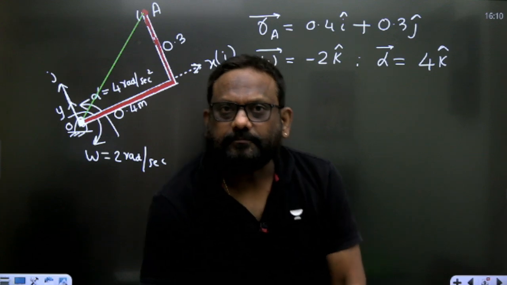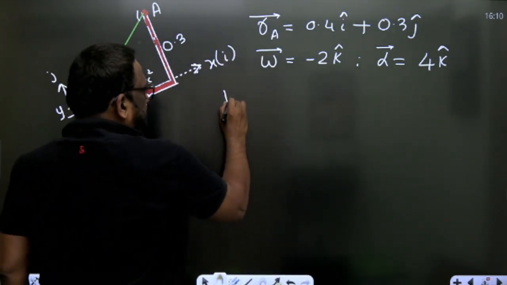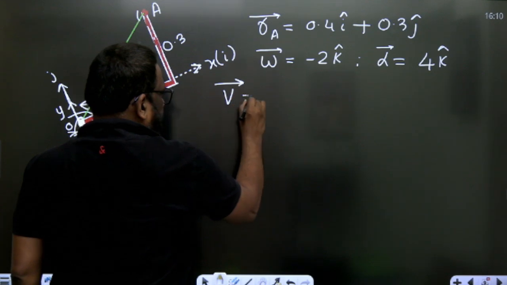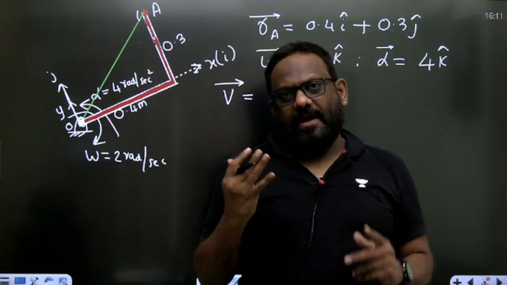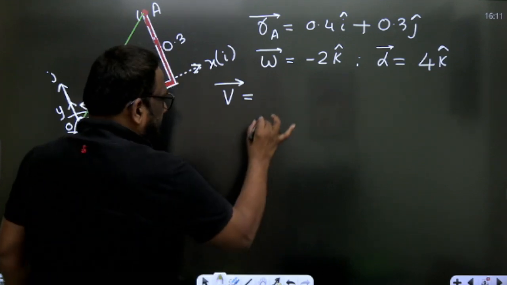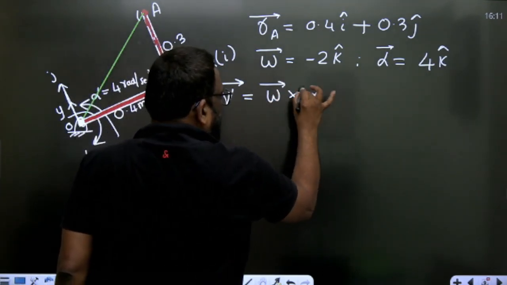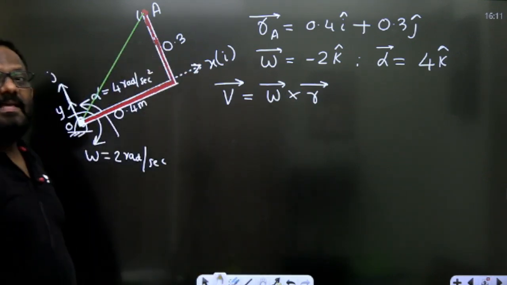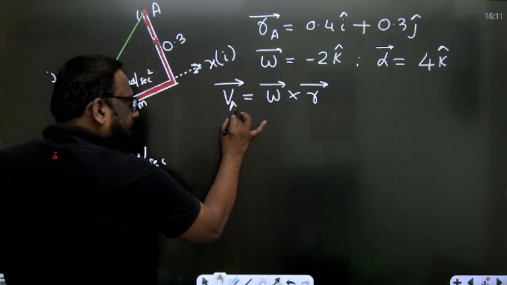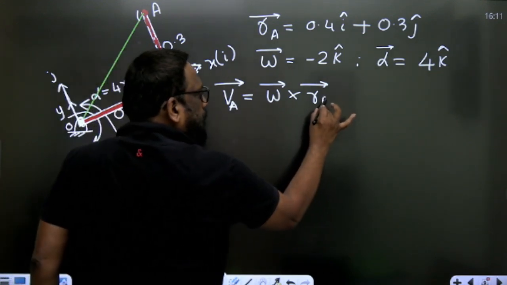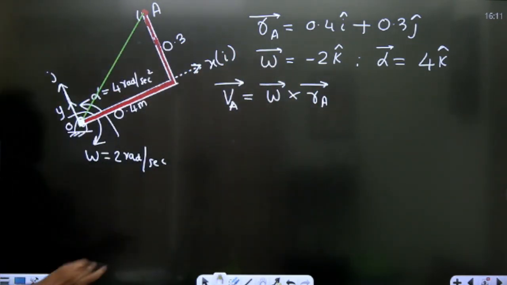Very good. Now, my dear students, the velocity in vector form is given by, of course if you calculate in scalar way it is r omega, but if you write in vector form it is omega cross r.